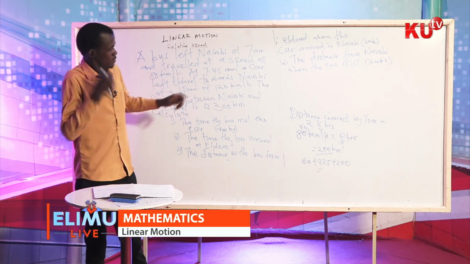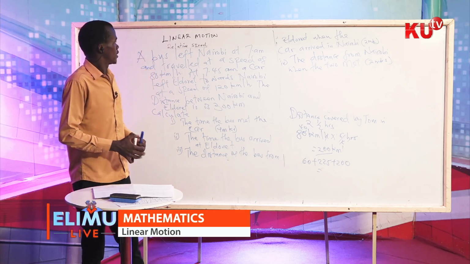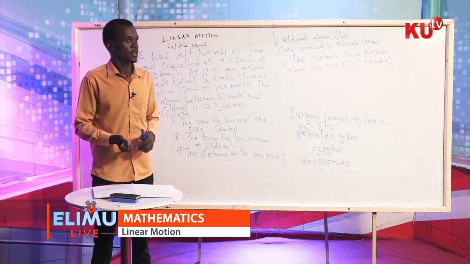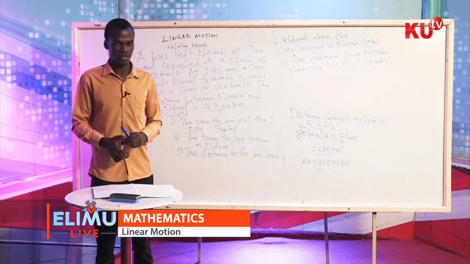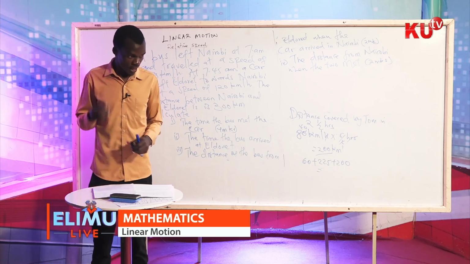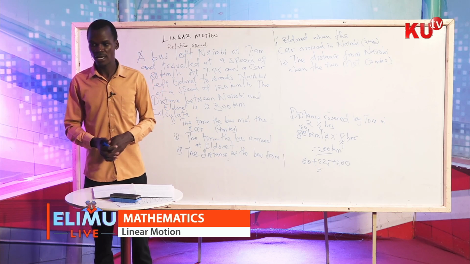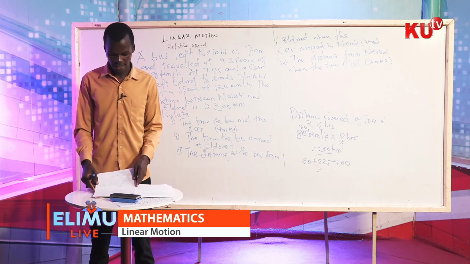Now, this relative speed can be applied in various occasions. It can be applied by a driver that wants to overtake a car that is in front, and also to see how long you need to travel or how fast you need to travel to catch up with a car that is in front.